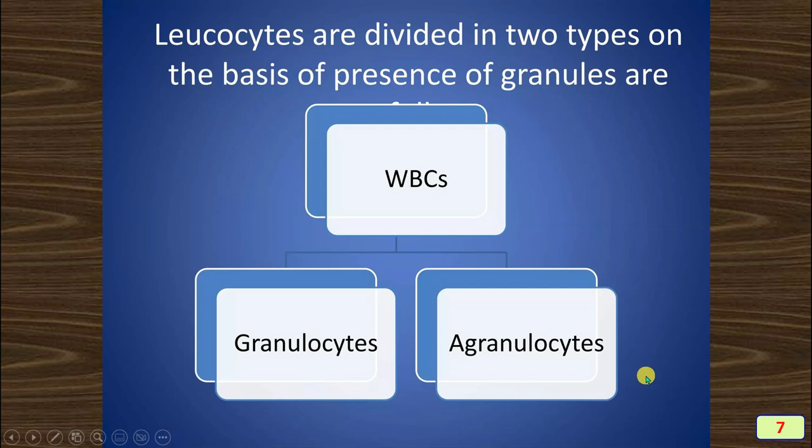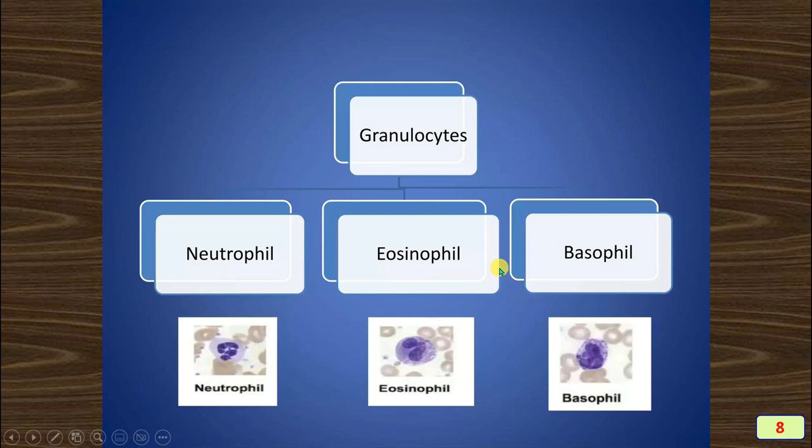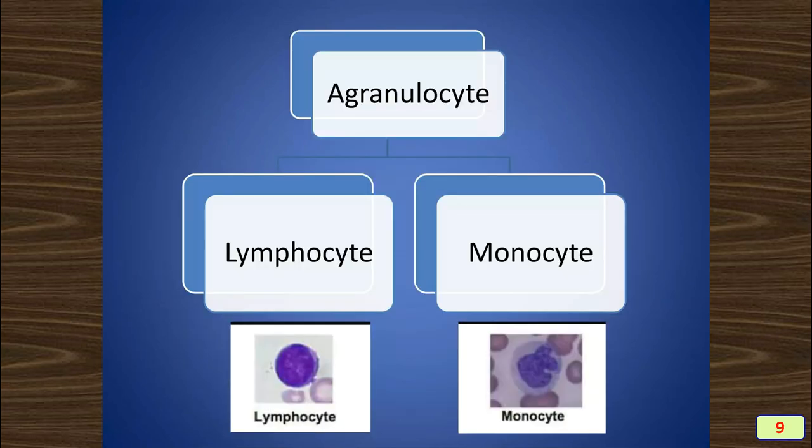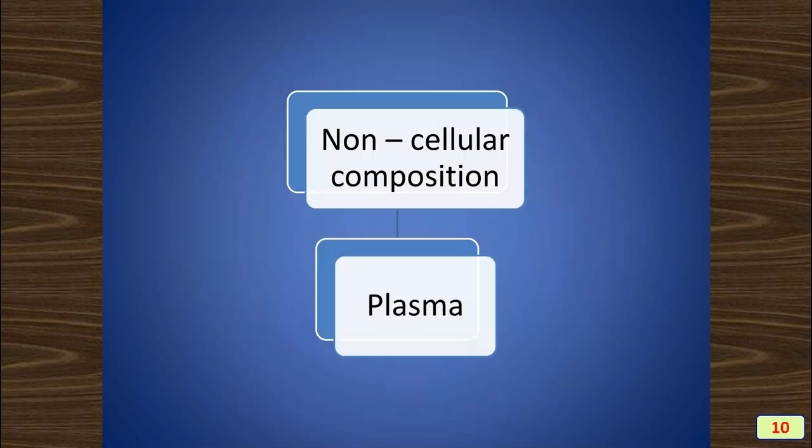So the leukocytes are divided into two groups, granulocytes and agranulocytes. Once again, the granulocytes are, as usual, neutrophil, eosinophil, and basophils. You can remember this as NEB. Then agranulocytes are without any granules, that's the lymphocytes and monocytes.